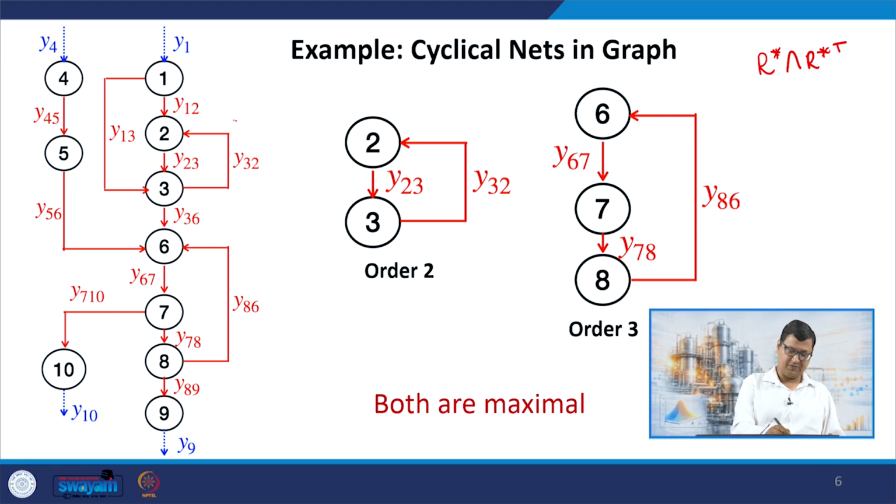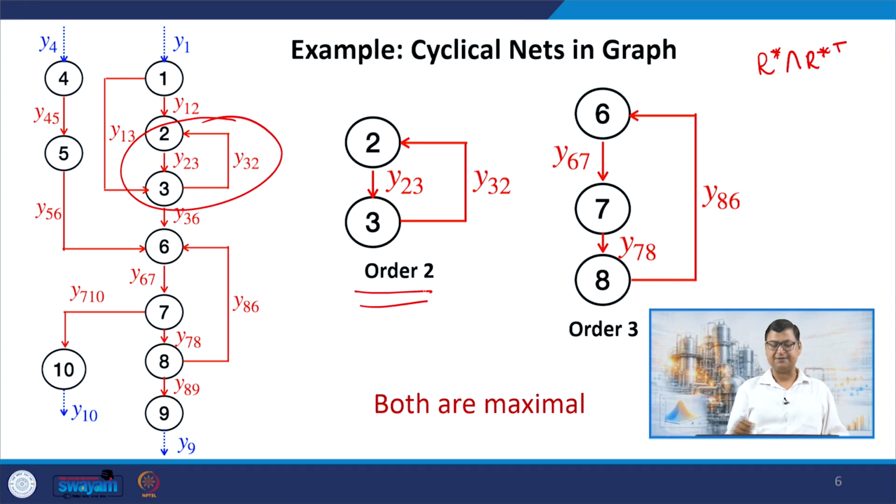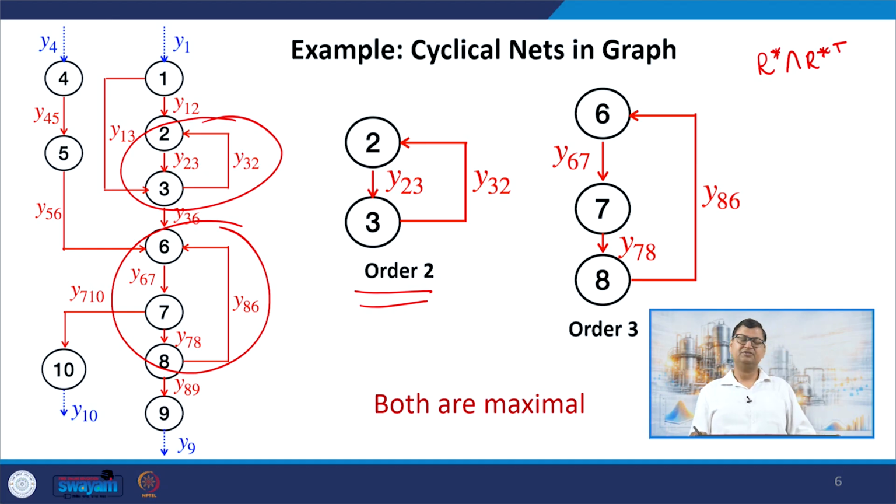One is between 2 and 3, an order 2 cyclical net, and the other is 6, 7, 8, which is a cyclical net of order 3. In fact, they do not share any common vertex. None of them is a subset of the other.